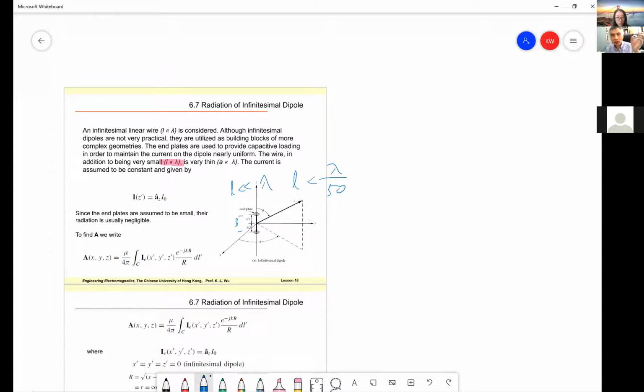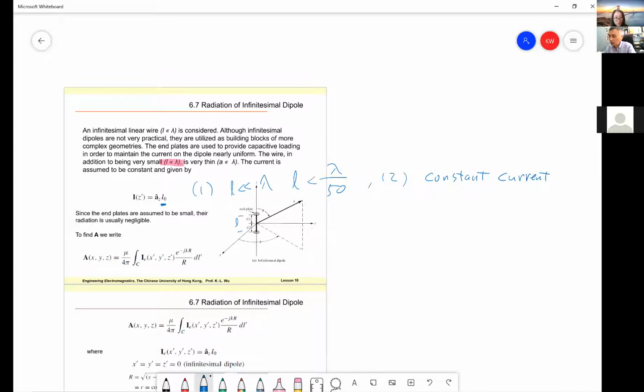So it's very small. This is one assumption, and the second assumption is constant current. So we assume the current is constant.